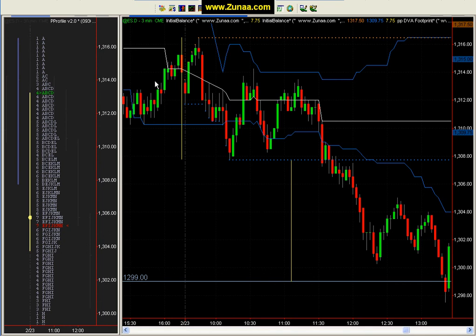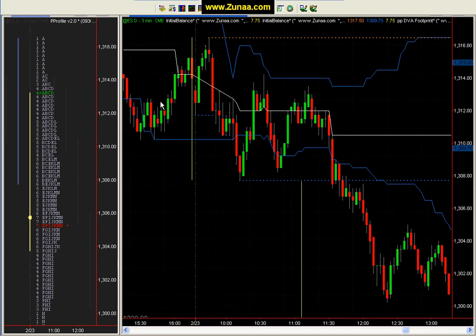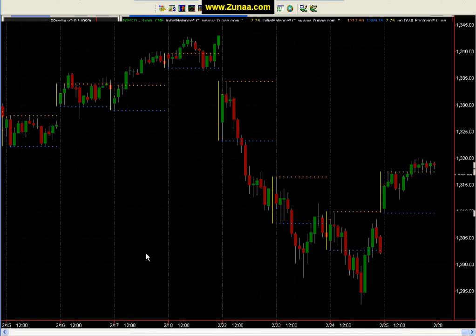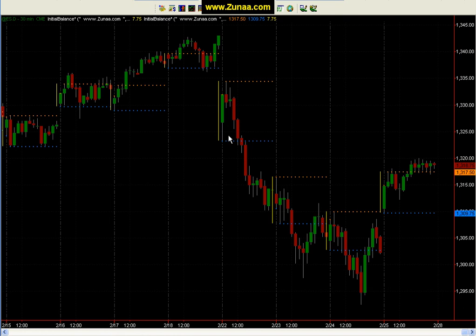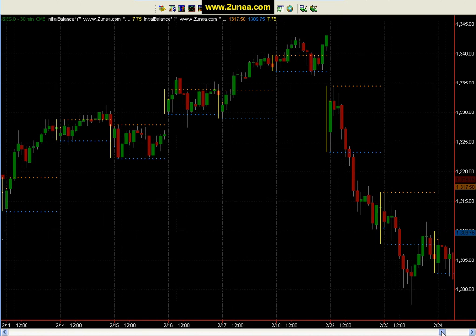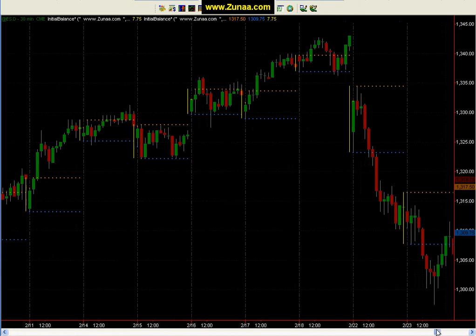So as you do your research with respect to initial balance and what the result of the initial balance is, and you look at price action in the context of initial balance, you can determine whether you're using it as a filter for your trend analysis, as a filter for directional bias, or as a mechanism to determine your profit targets.